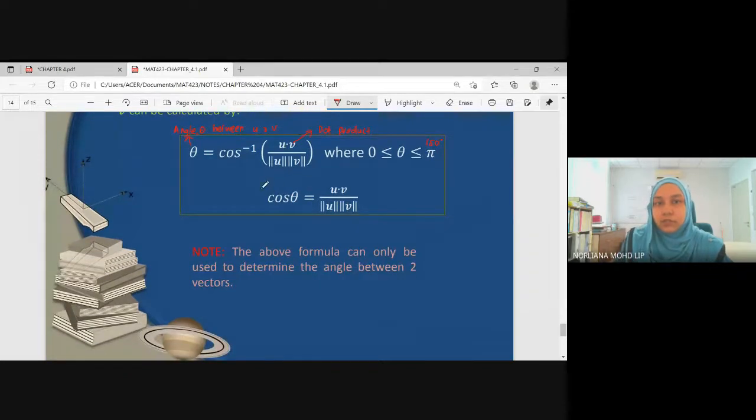Or we can use this formula: cos theta is equal to the dot product between U and V over the magnitude of U times the magnitude of V. This formula can only be used to determine the angle between two vectors, only two vectors, U and V.